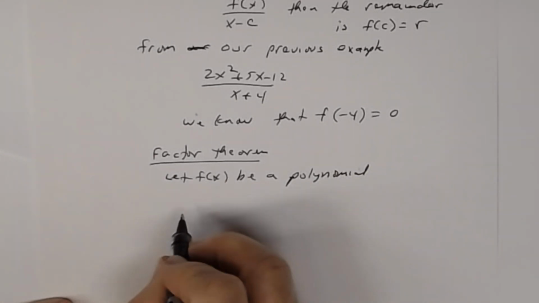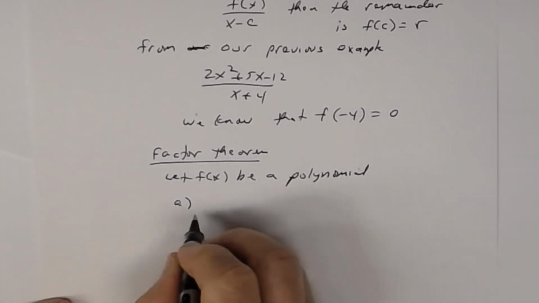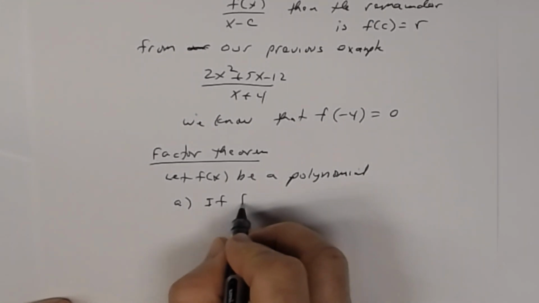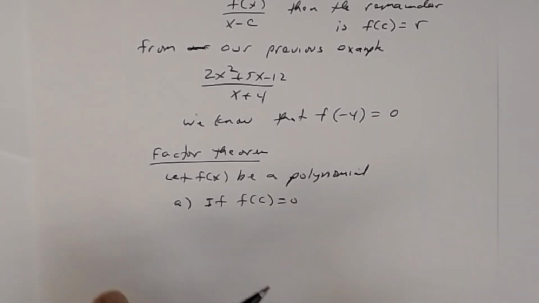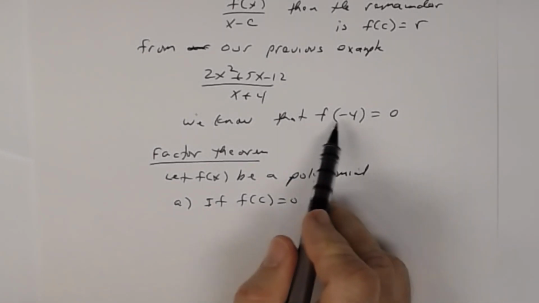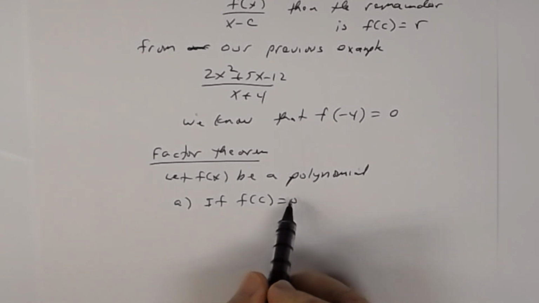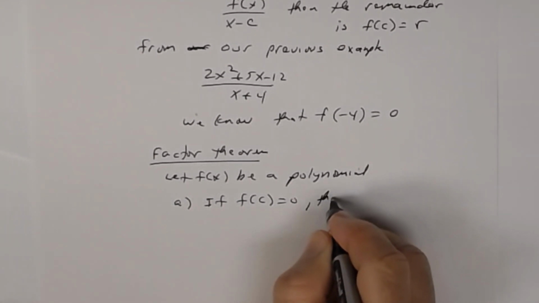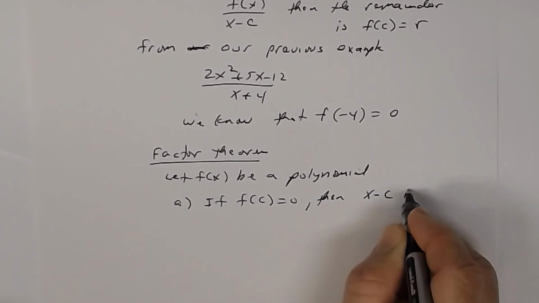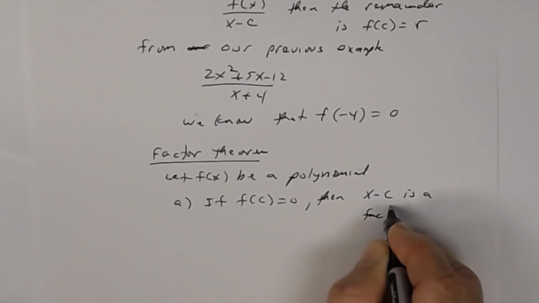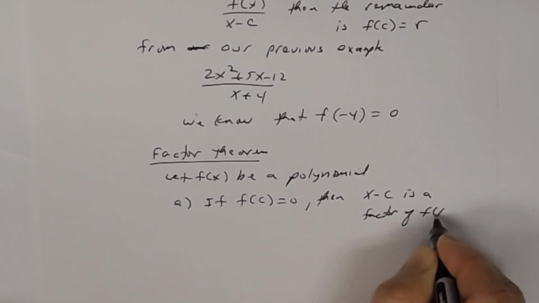Then part A, if f of c is equal to 0, just like we saw here, f of negative 4 is equal to 0, then x minus c is a factor of f of x.